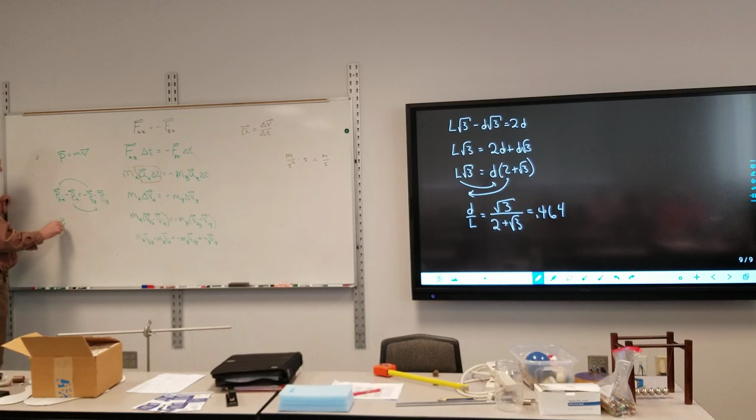So I get P final A plus P final B equals, oh, that should be a plus sign there, P initial B plus P initial A. So whatever P is, if I add my total initial value, it is equal to my total final value. So I'm just going to represent that by a giant P initial is equal to a giant P final.